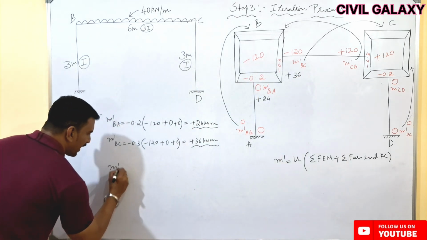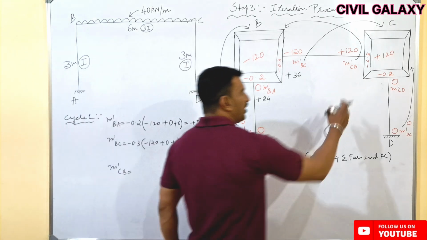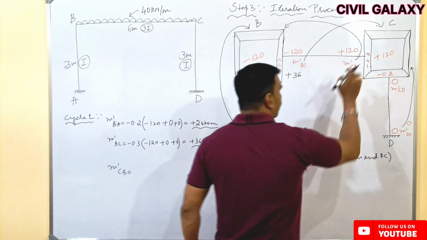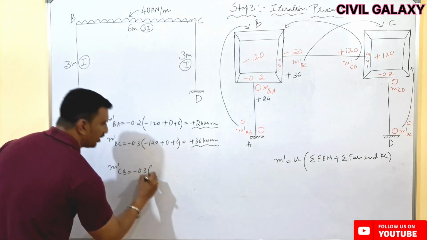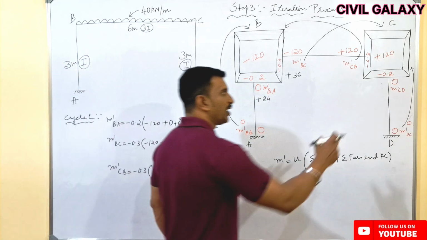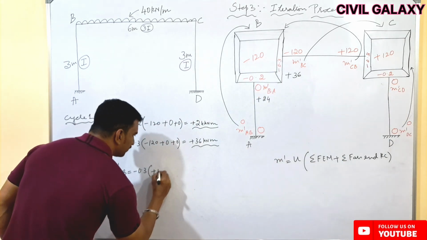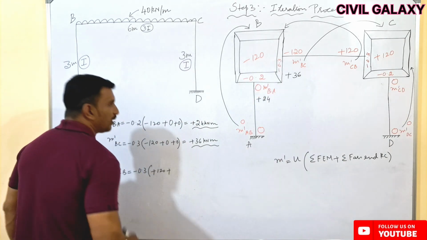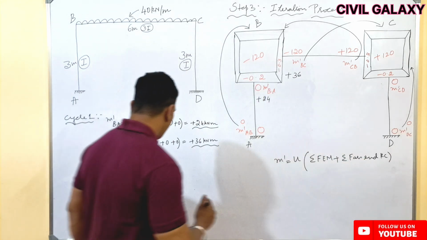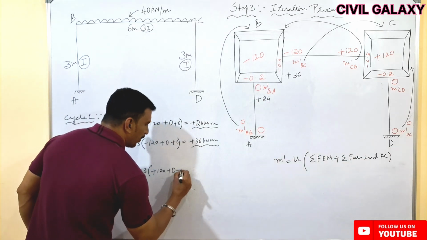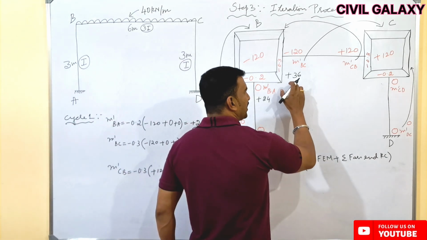Now m dash CB. Here the rotation factor is minus 0.3, and the summation of fixed end moment is plus 120, plus the far end rotation contribution, which is 0 for m dash DC, plus the far end rotation contribution m dash BC over here.